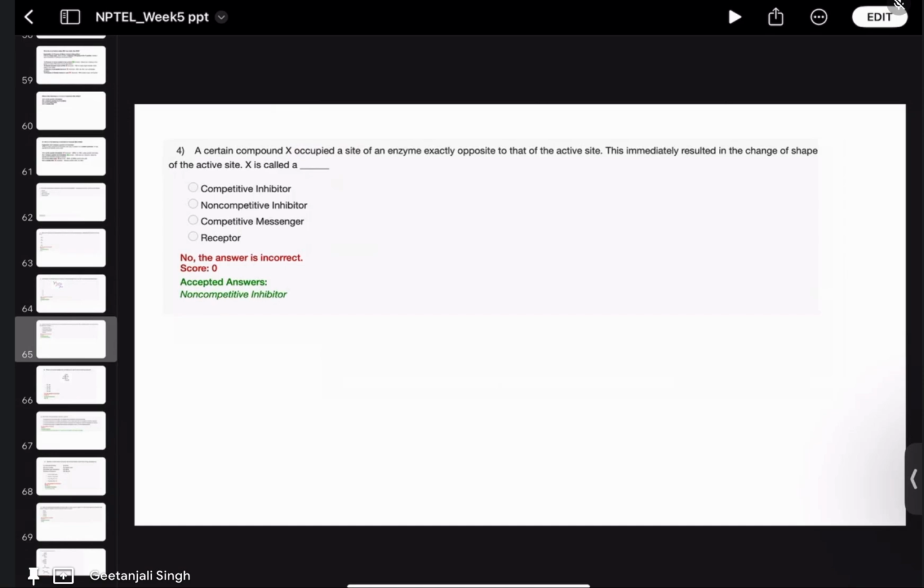Once the shape of the active site changes, the substrate no longer recognizes the active site and is unable to bind there. Because it is unable to bind there, it cannot catalyze the reaction. Hence, the reaction is inhibited. So the correct answer is non-competitive inhibitor.